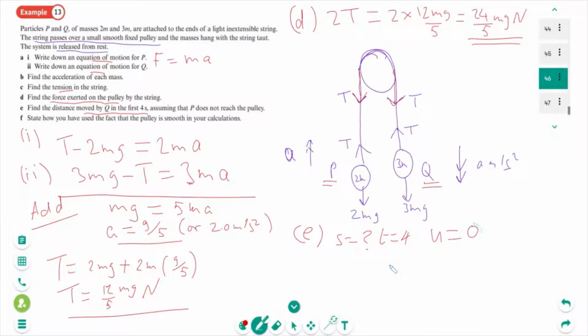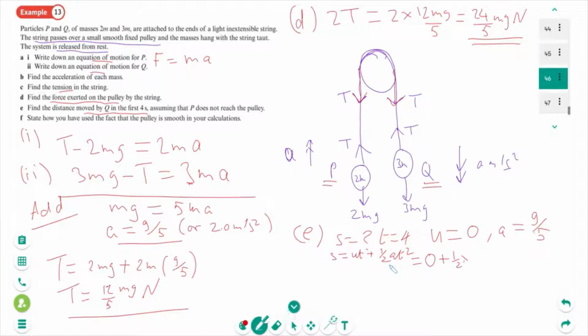So we need a SUVAT equation to find s. We use s equals ut plus half at squared, because we know what a is, don't we? We already worked out a is g over 5. So plug in the numbers. u times t will just give you 0.